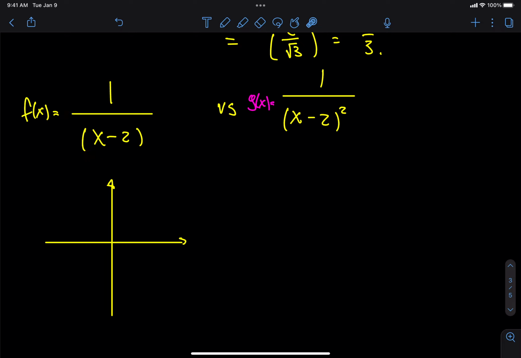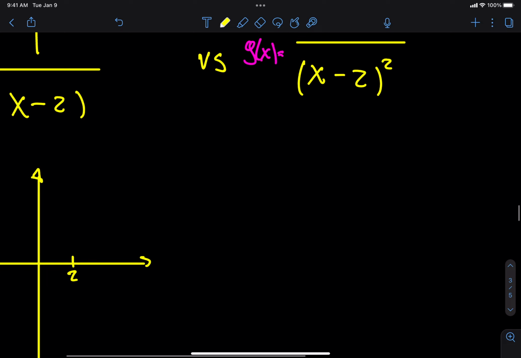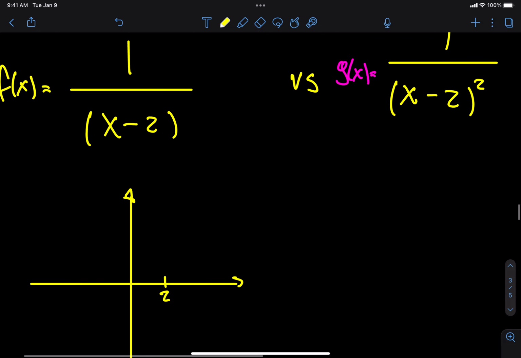It would be undefined. Yeah, it'd be 1 divided by 0. So that's how I can make something very bad happen with this function. We know that when x is 2, something bad is happening. In fact, we can't even graph the function when x is 2. It's undefined. But what about when x is very close to 2?